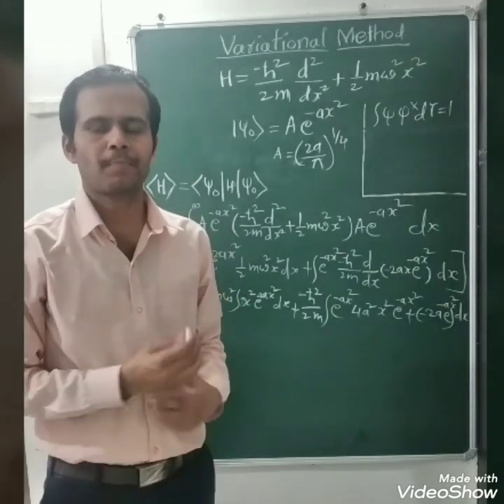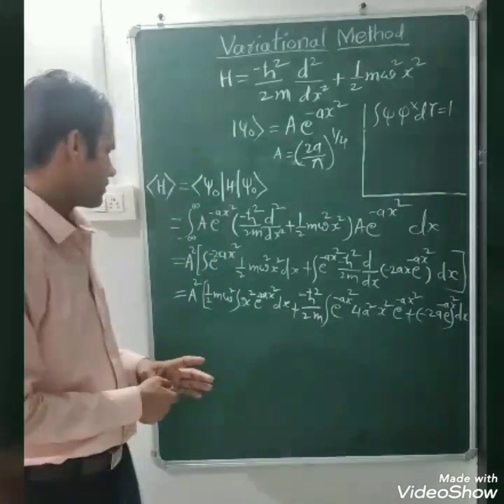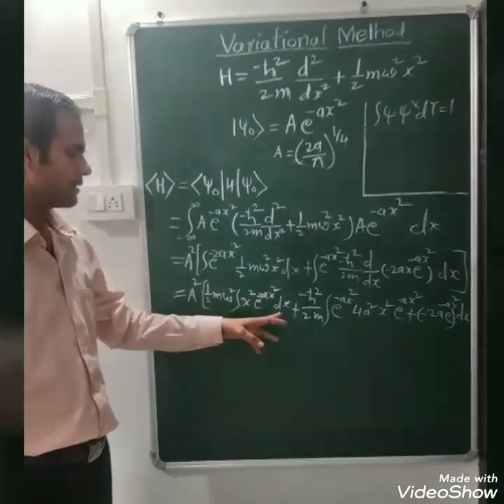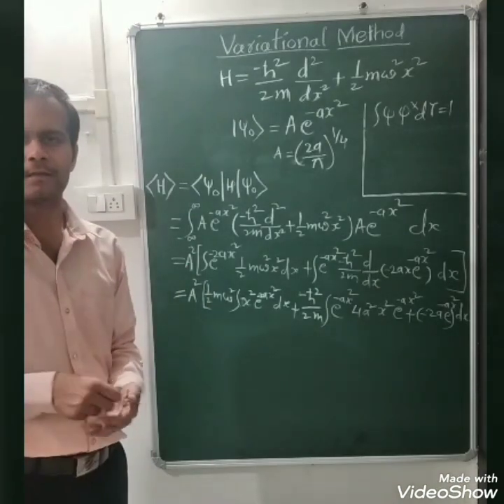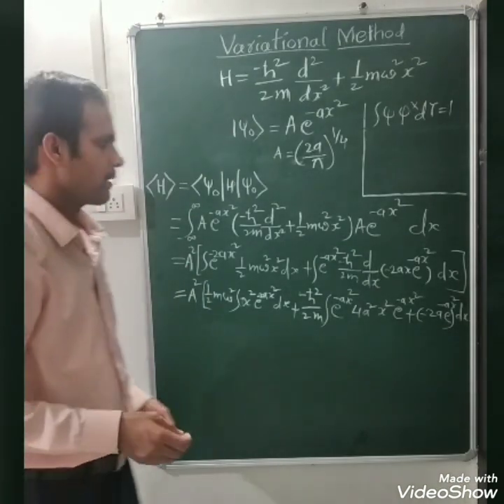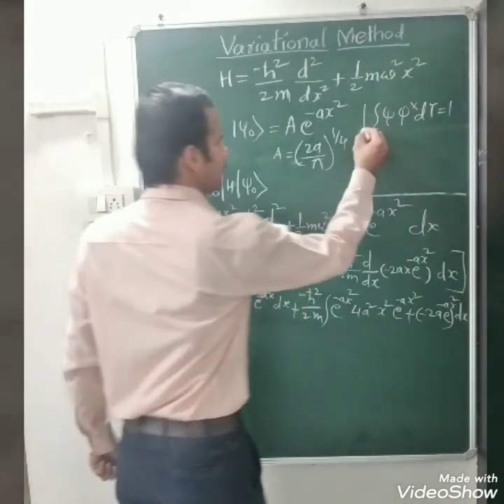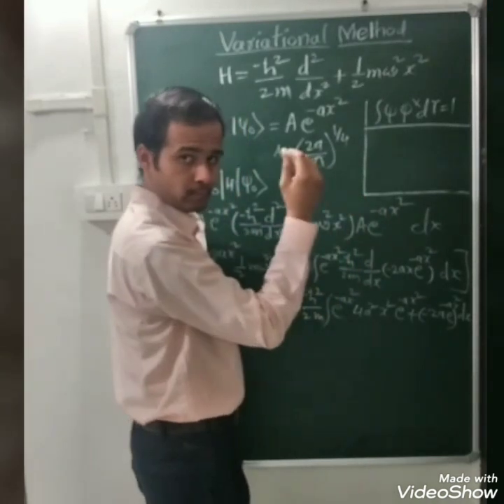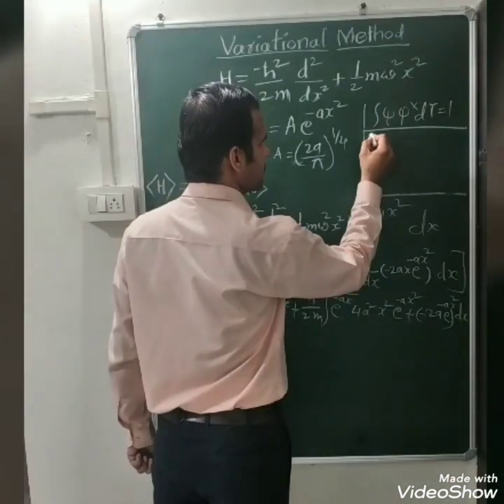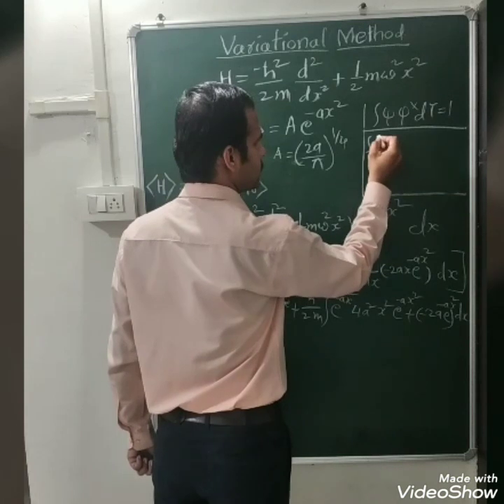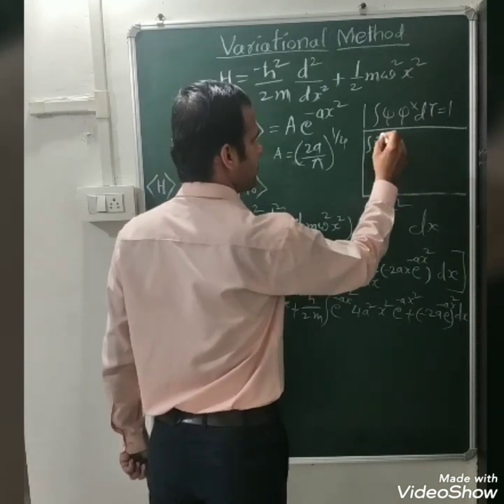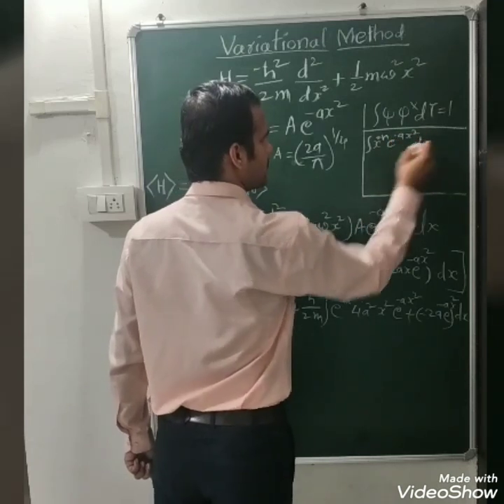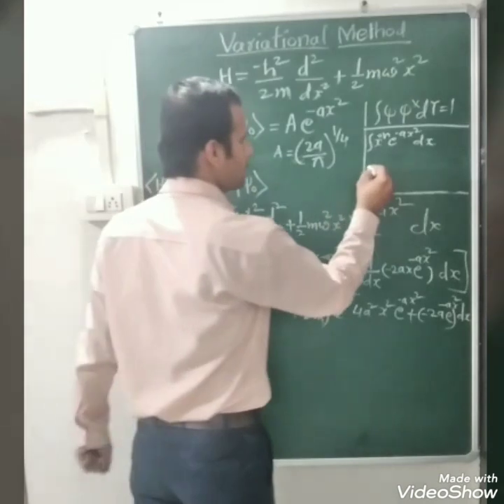Now another thing, we know that the integration in this form, x raised to 2n e raised to minus ax square dx, has a special integration formula, and we have to apply that formula here. So first I will write the formula here, that is the integration of x raised to 2n e raised to minus ax square dx. What is its answer?